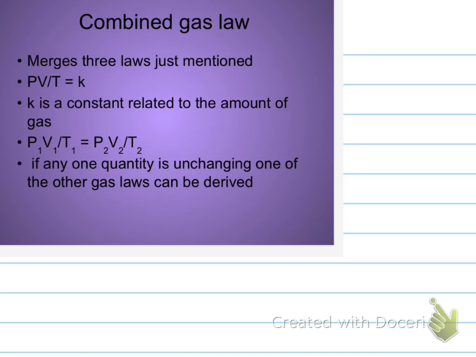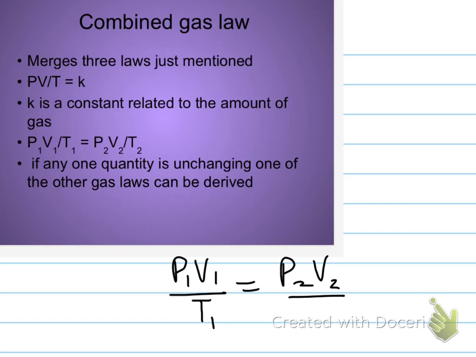And this is the only thing you ever need to remember, ever again. Because it turns out that P1 V1 over T1 equals P2 V2 over T2. And you never again have to remember which is which, because you can roll them into one.